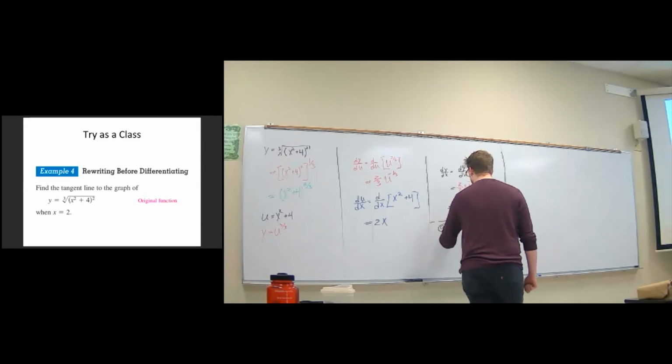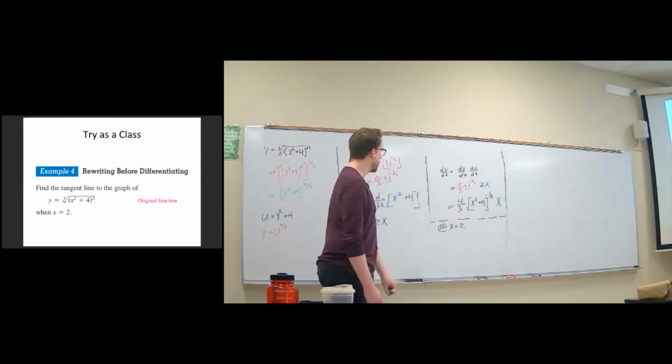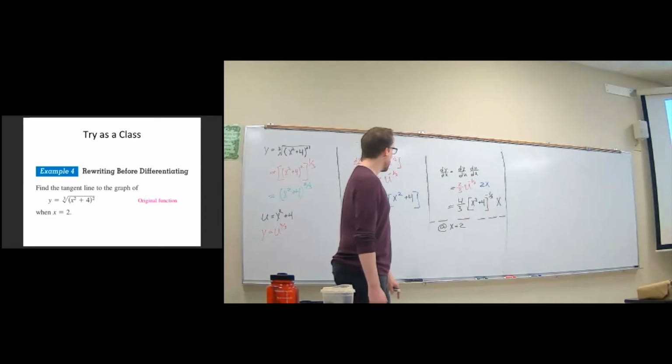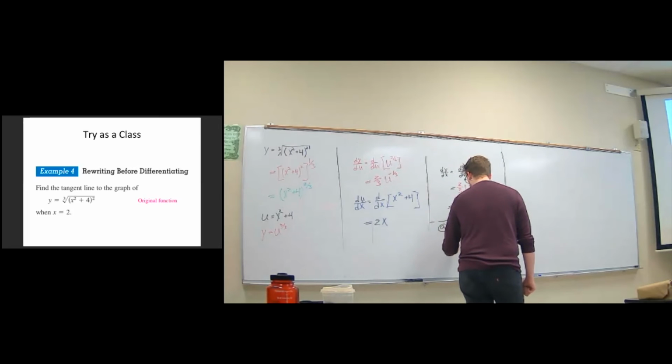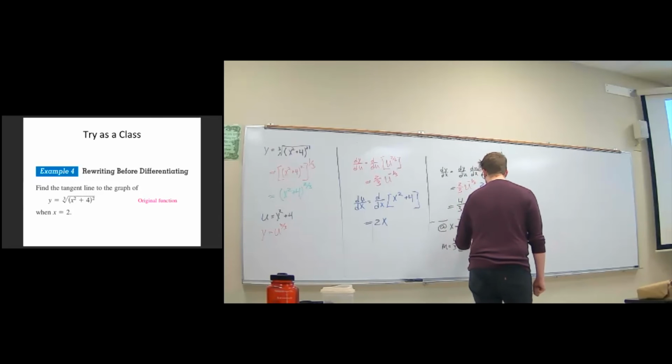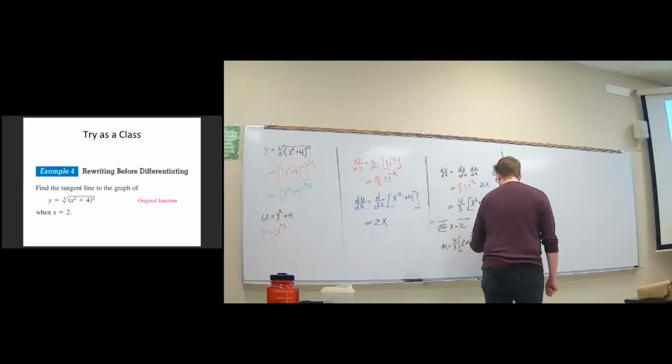So at x equal to 2, dy dx is equal to 4 over 3 times 2 squared plus 4 raised to the negative 1 over 3 times 2, right?